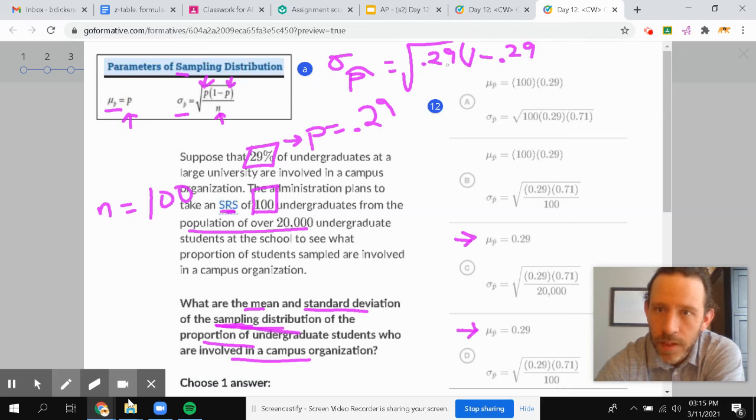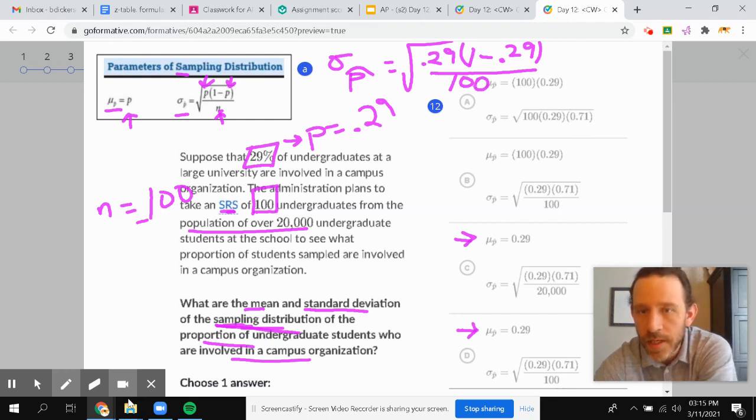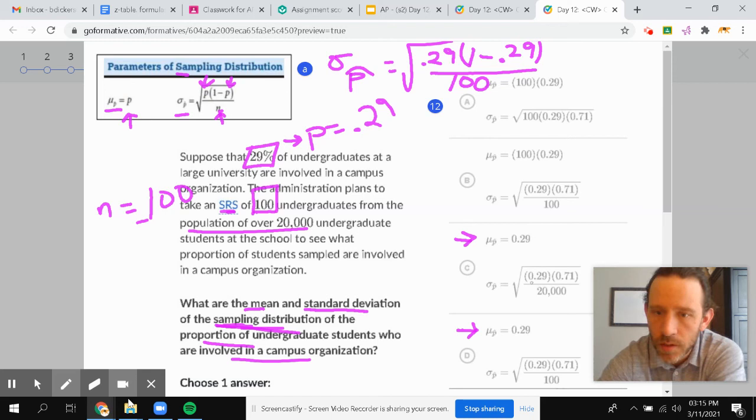And then we set our N, this guy is 100. So it's all over 100. So what of my answer choices is that? So 0.29, 1 minus 0.29 is 0.71. So both of them have the same P and 1 minus P, but N is 100, which is this guy here. So we have our final answer.